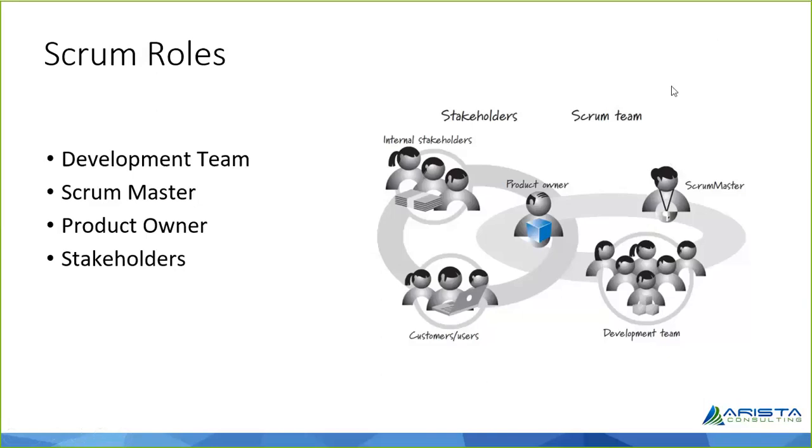And that's why you need a Scrum Master. The Scrum Master is nothing but an Agile coach. He is the person who is continuously guiding the team to go the Agile way.